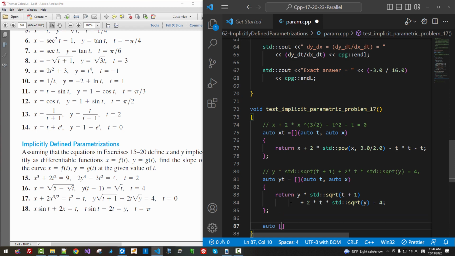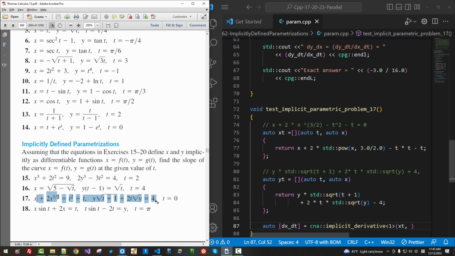Auto dx over dt, CNA implicit derivative. We pass the position of x 1, then xt.